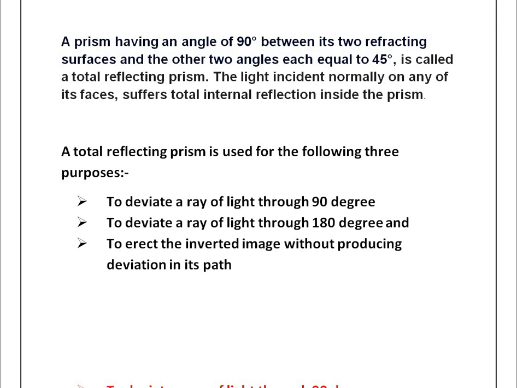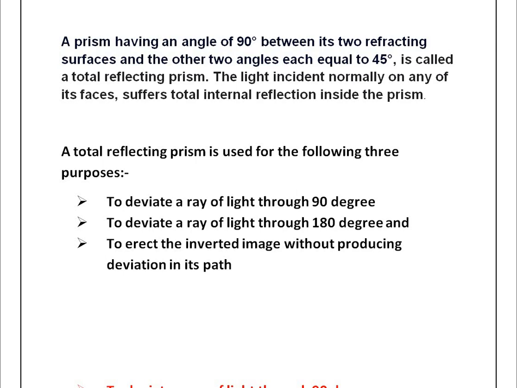So students, I just told you what a total reflecting prism is. A prism having an angle of 90 degrees between two refracting surfaces and the other two angles equal to 45 degrees is called a total reflecting prism, because light incident normally on any of its faces suffers total internal reflection inside the prism.